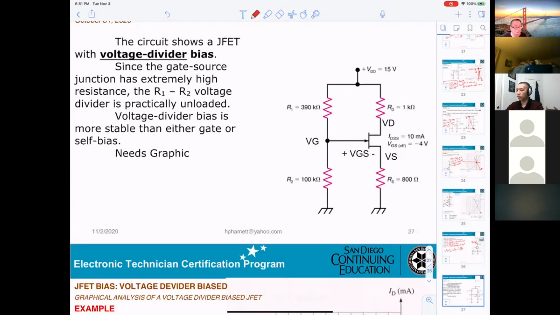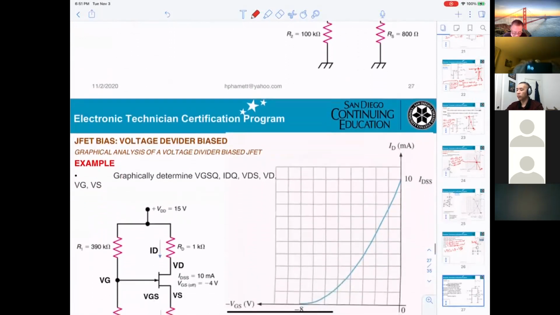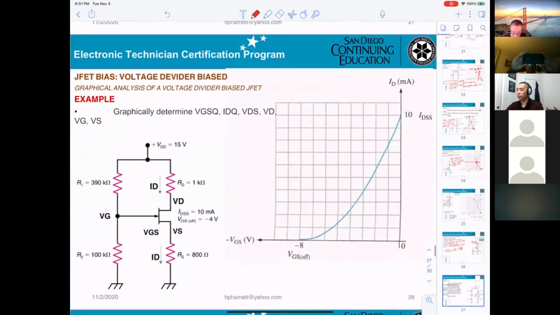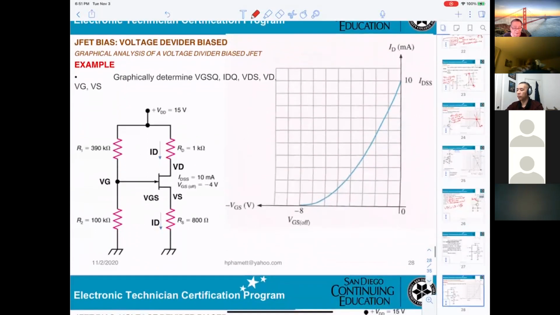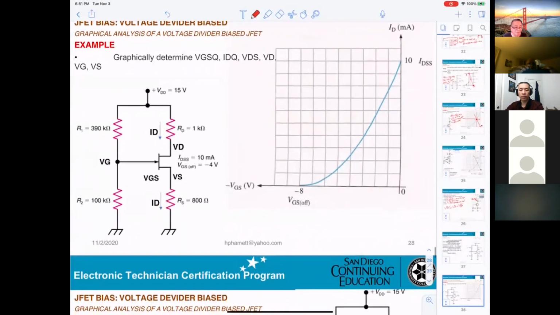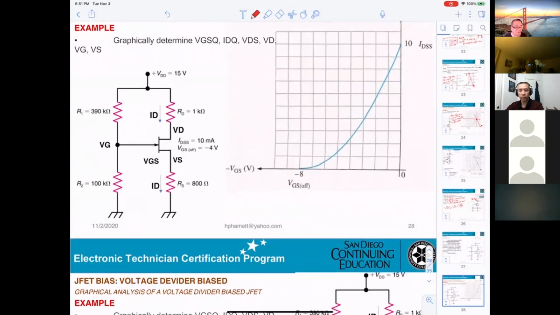VG equals 3.06. You see that? They gave you the graphic.